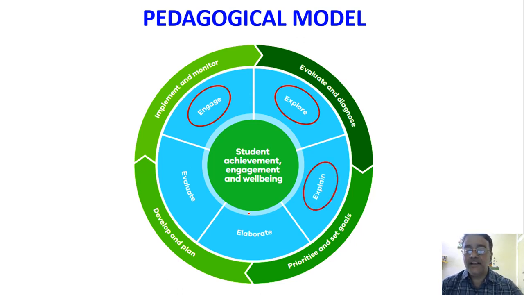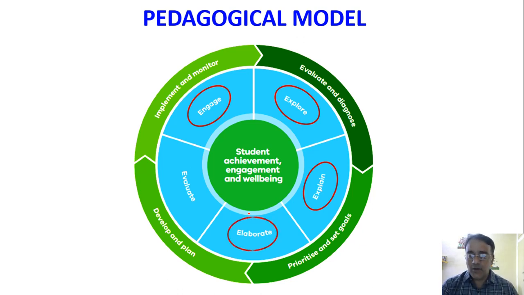The next one is explain. The teachers explicitly teach relevant knowledge, concepts, and skills in multiple ways to connect new and existing knowledge. They monitor students' progress in learning and provide structured opportunities for practicing new skills and developing agency.